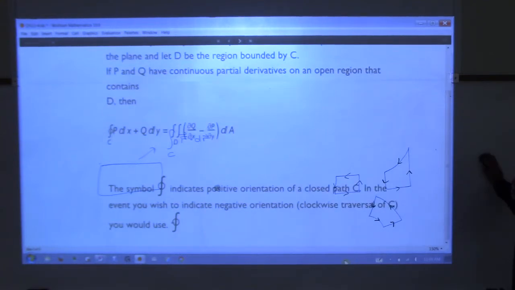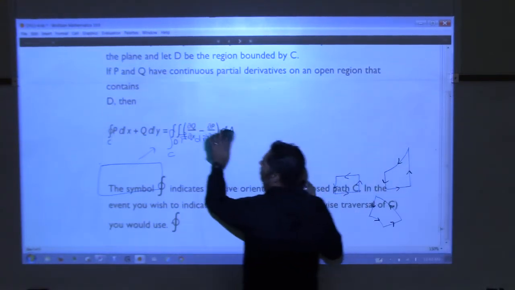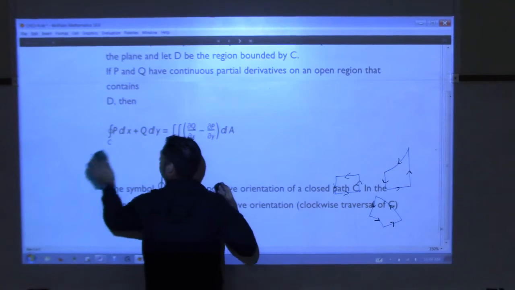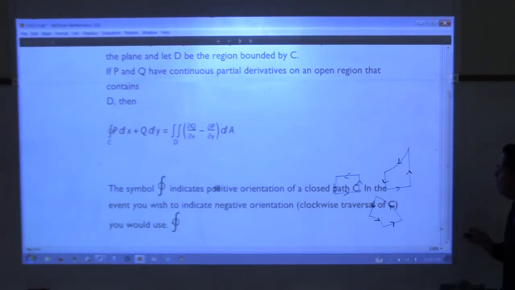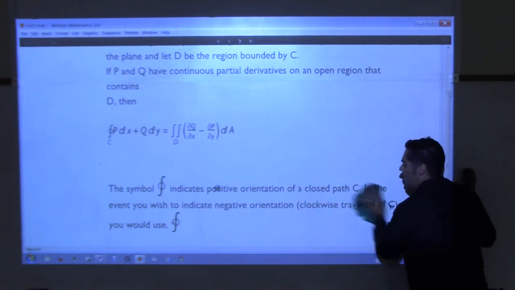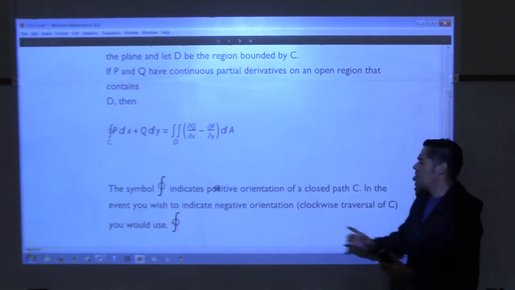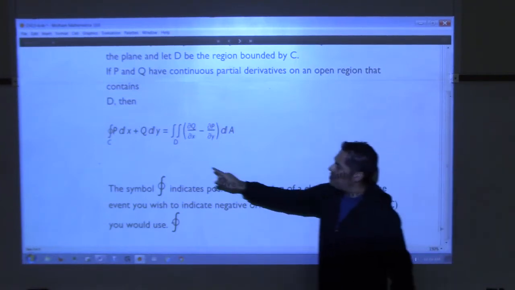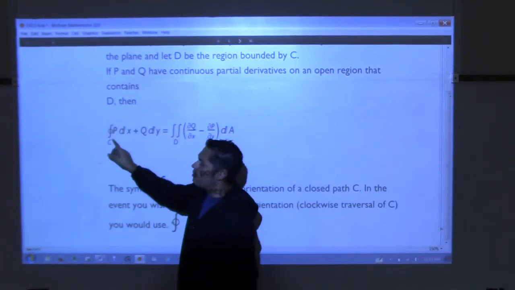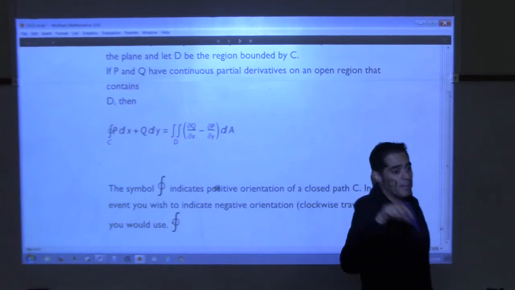Also notice some notation here. See the little circle around the integral sign? That symbol indicates positive orientation of a closed path C. If you just put C down here without this circle, then C does not have to be closed.